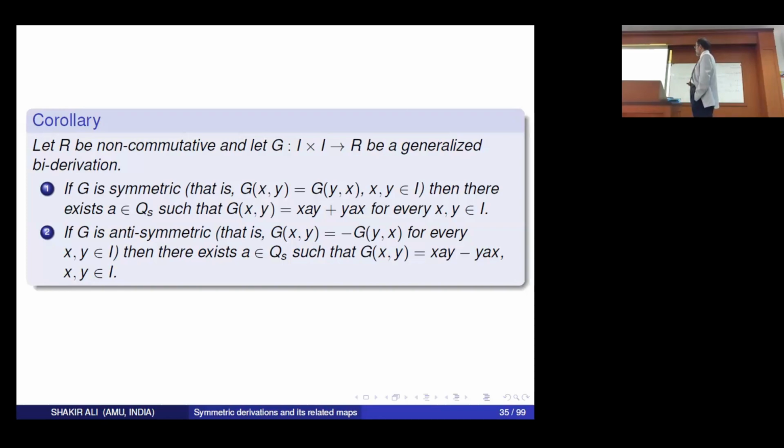Moreover, if G is anti-symmetric: like we say symmetric, D(x, y) is equal to D(y, x); when we say anti-symmetric, that means D(x, y) is equal to minus D(y, x). Then G(x, y) has this form. So in different settings, he classified these maps in non-commutative prime rings.